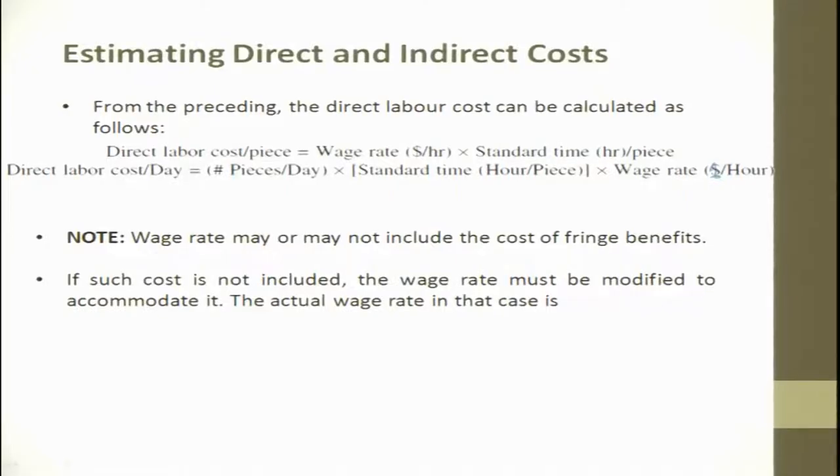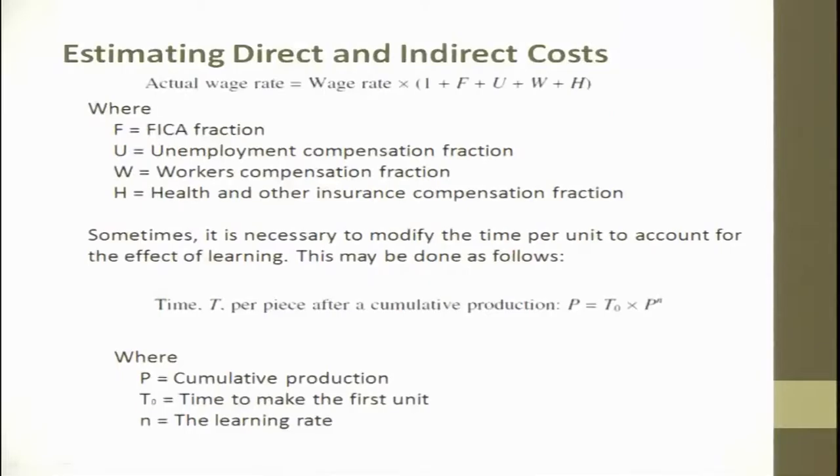Note, the wage rate may or may not include the cost of fringe benefits. There are small fringe benefits which we try to give in industry. If the cost is not included, the wage rate must be modified to accommodate it. The actual wage rate is wage rate into (1 plus F plus U plus W plus H).